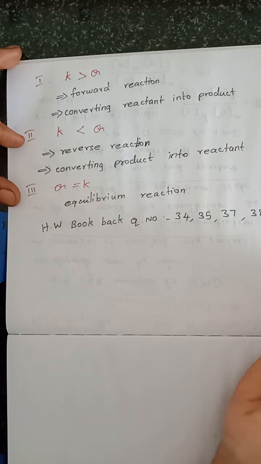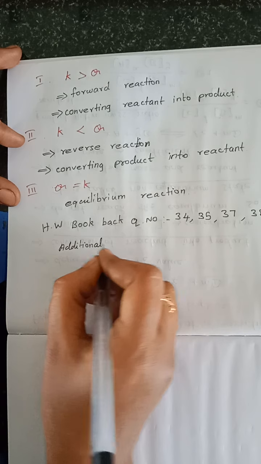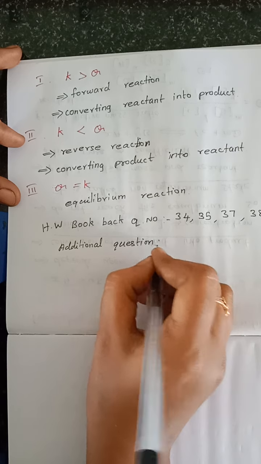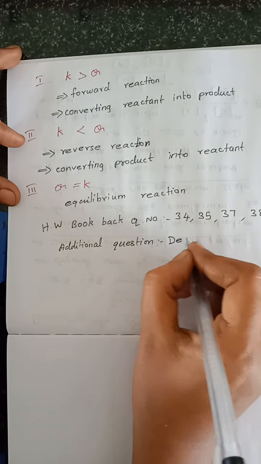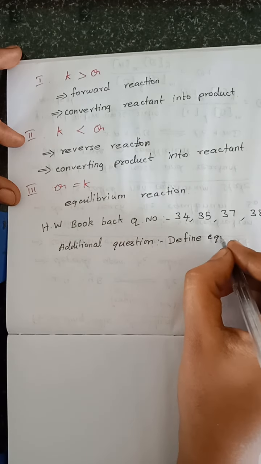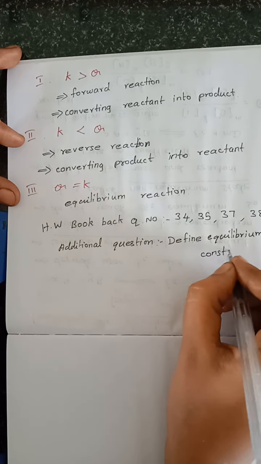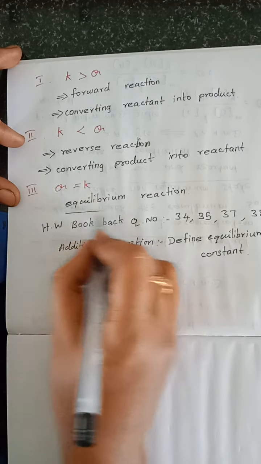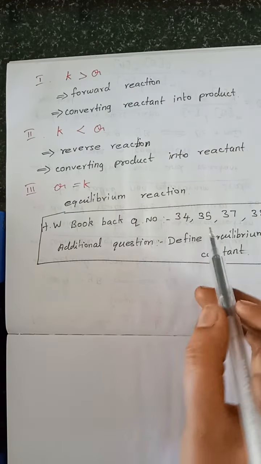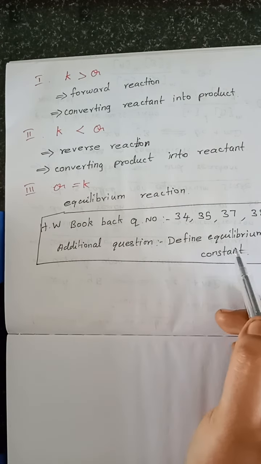The additional question: define equilibrium constant. This is your homework. All of you write your homework, book back question numbers 34, 35, 37 and 38, and in the additional question, define equilibrium constant.